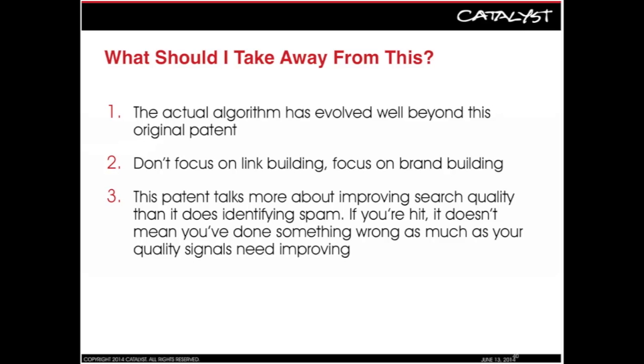It uses ideas and principles from this patent, but the algorithm itself is actually many ideas and many patents combined into one, and then they test it quite a bit. The final algorithm may only reflect certain pieces of this patent, and that's what I think we're seeing here.